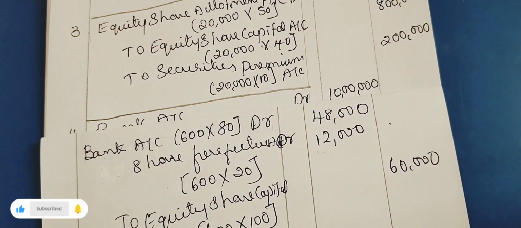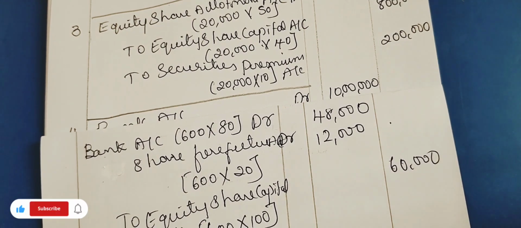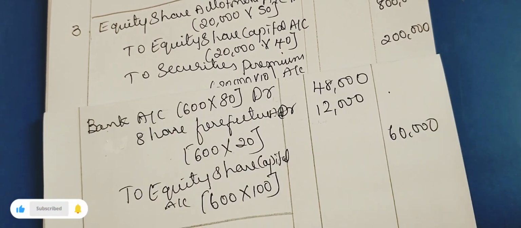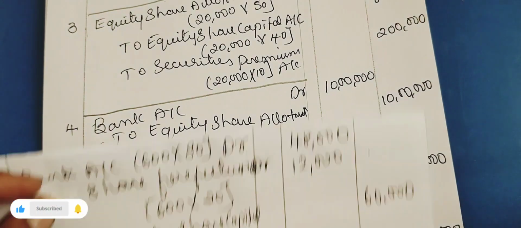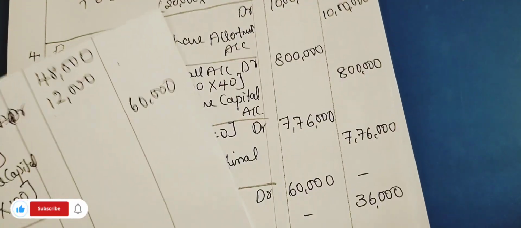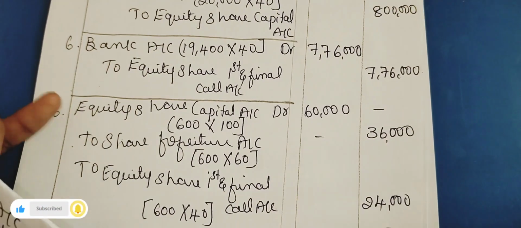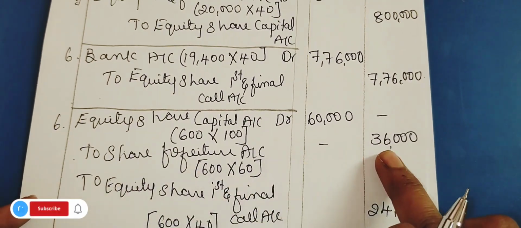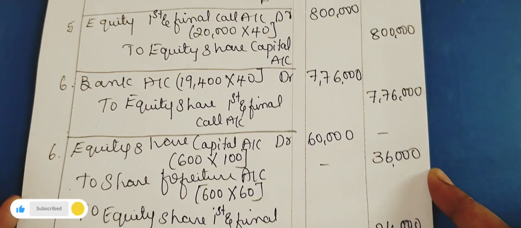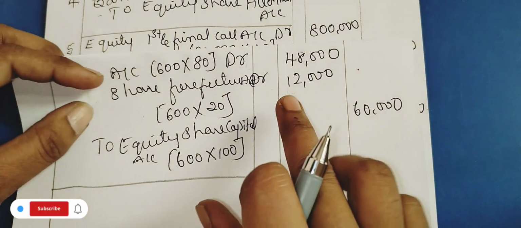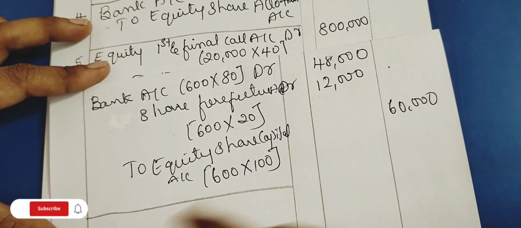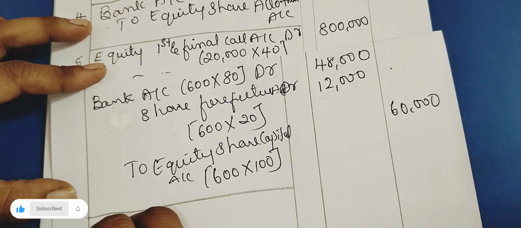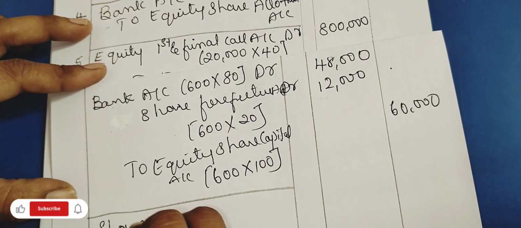Now the entry: the balance, whatever there is in the forfeited account, we are transferring. So what was the amount? 36,000 is there in the forfeited account. Out of 36 minus 12,000, remaining balance is 24. We are transferring to which account? Capital reserve account.